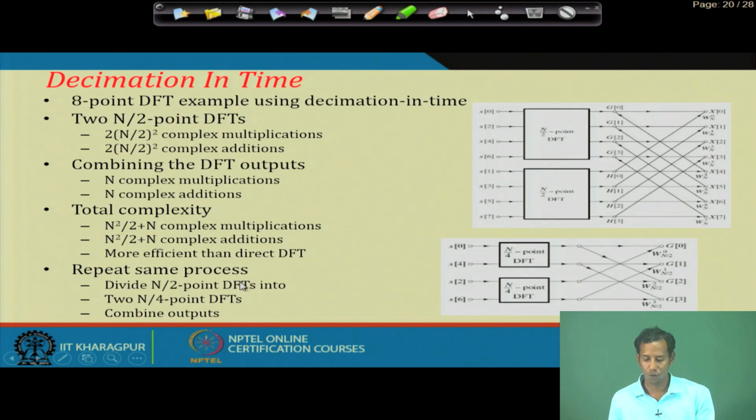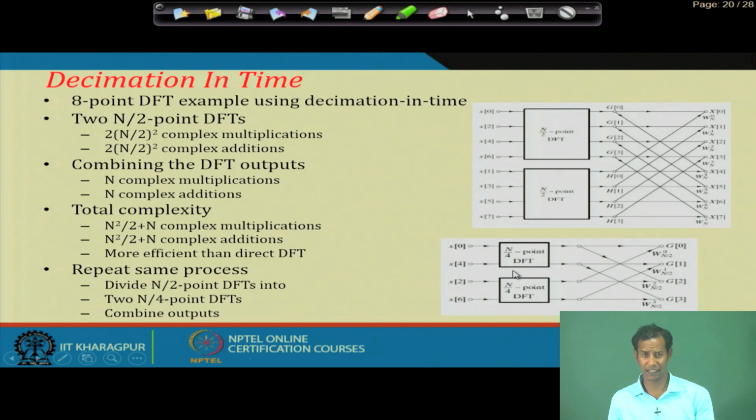This is if we consider only radix 2. Radix 2 means we have divided into only two parts, the even part and the odd part.